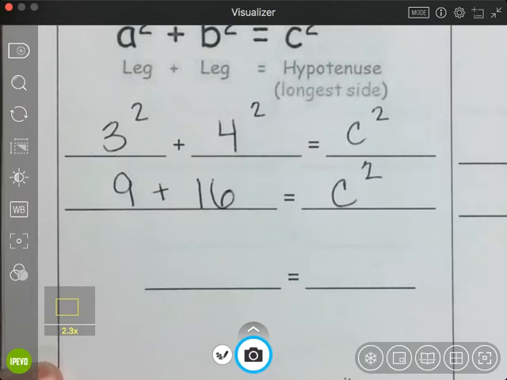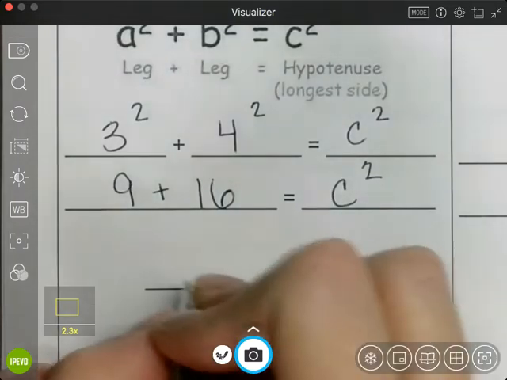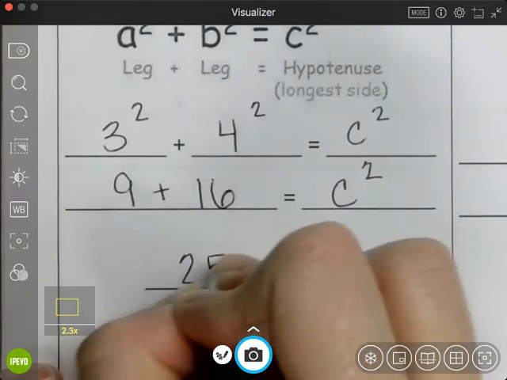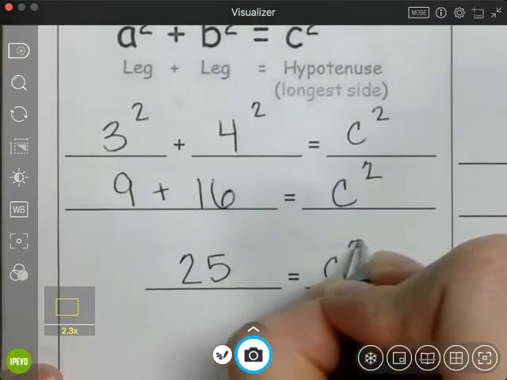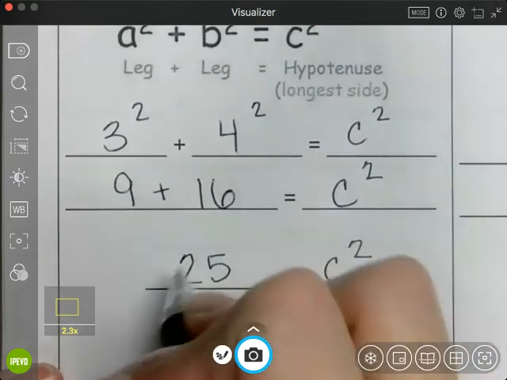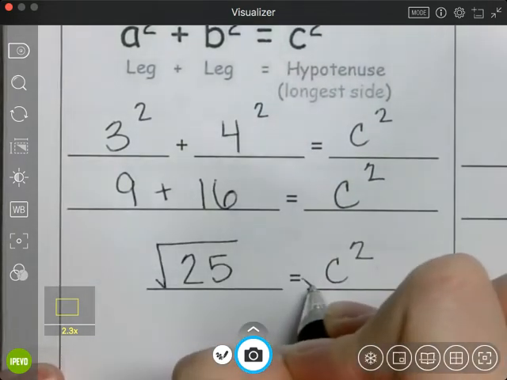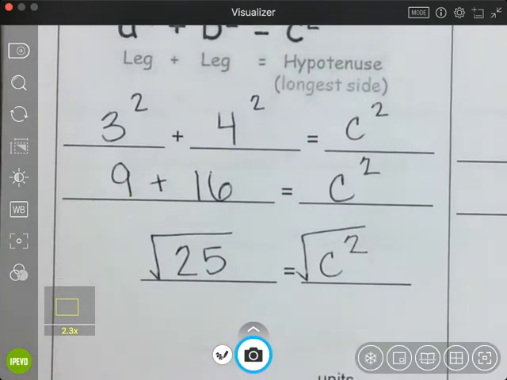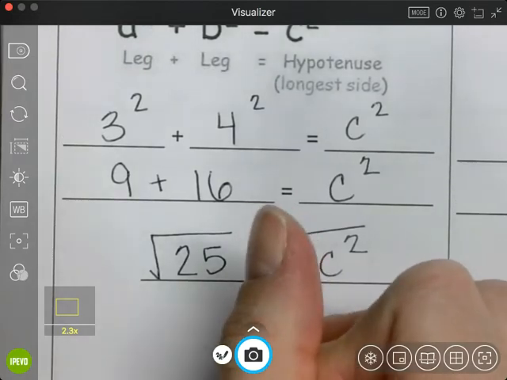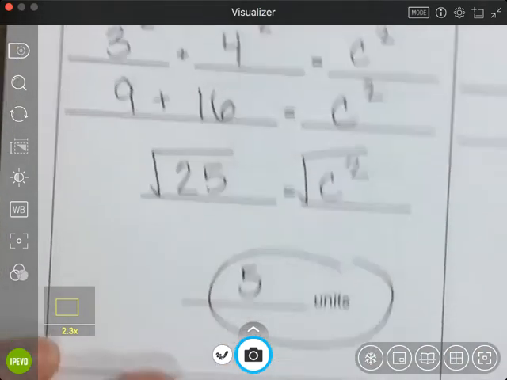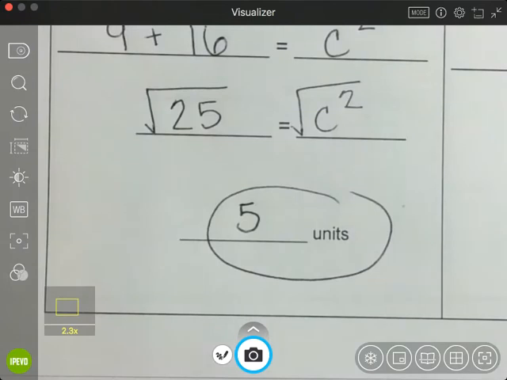If I add the 2 sides together, I get 25 equals c squared. To get c to be by itself, I have to take the square root. So that gives me 5 units. So from the 2 dots that I drew, it would be 5 units.